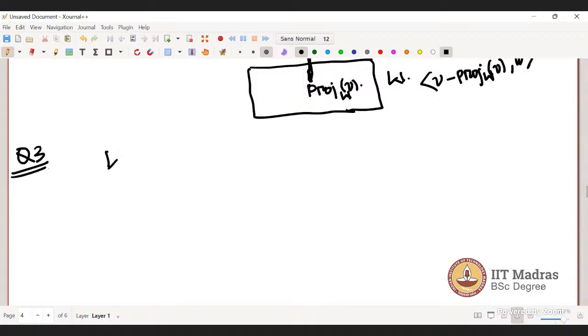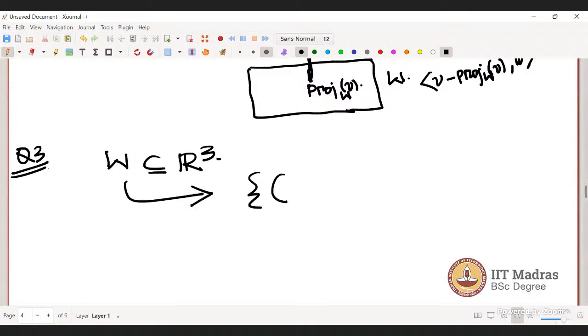So W is a subspace of R3, and an orthonormal basis is given for W. It's basically 1 0 0 and 0 1 0.